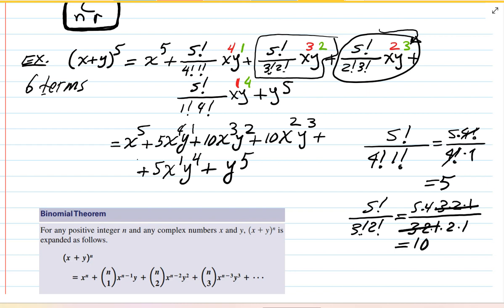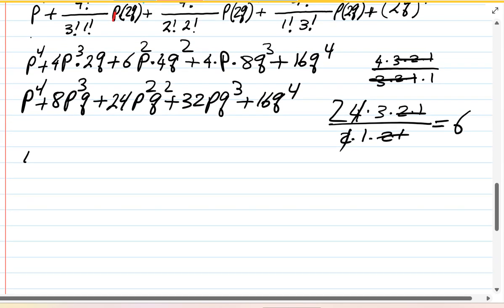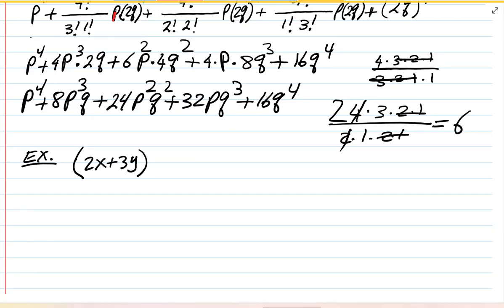Okay, check this out. That's going to be inspiration for my next example. Let's say I want to expand 2x plus 3y to the 11th power. Now don't worry, I'm not going to expand this. We don't want to have 12 terms in the expansion. Sometimes we just want to know the value of a single term in the expansion.